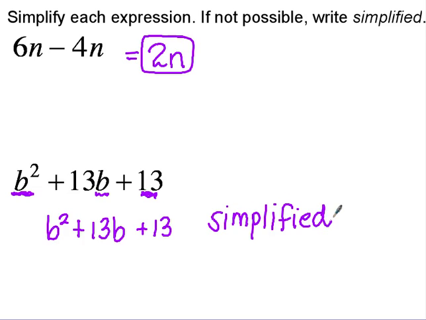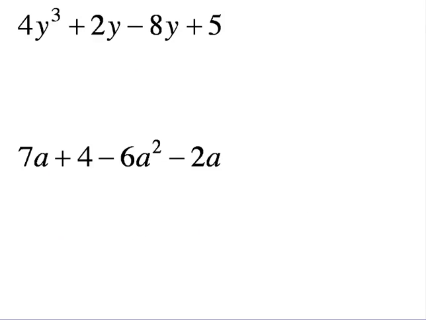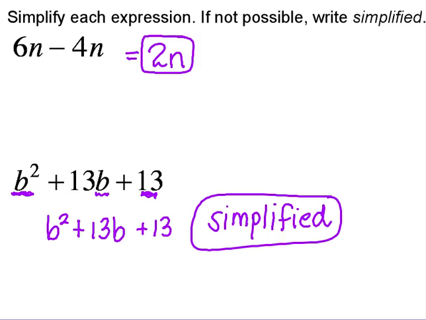The only way you could have added anything together is if this would have been like a b squared. Okay, that's a way. Or if this here would have just been a b. Let's look at another one of those. If it was 13b squared?